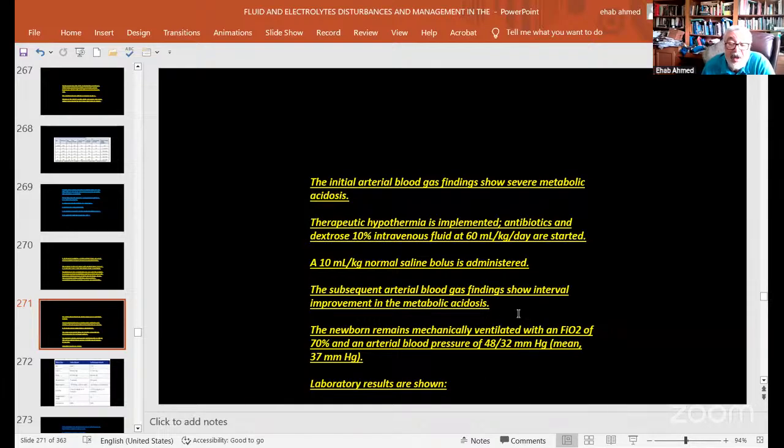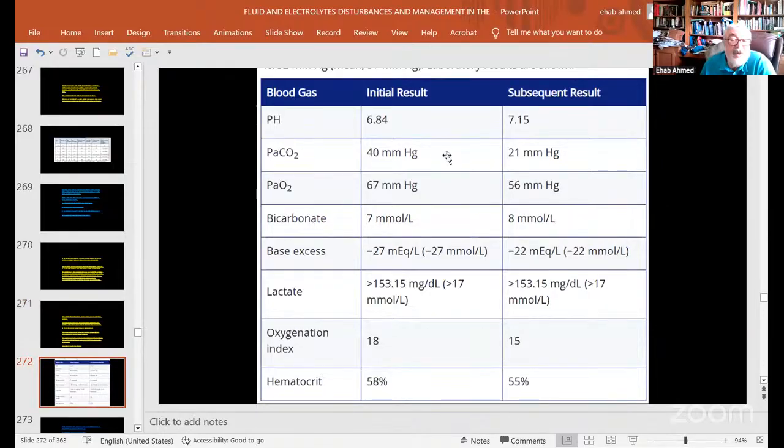The newborn remains ventilated, FiO2 of 70%, and arterial blood pressure is 48/30, and the mean is 37, still dropping. Laboratory results are shown. So the pH of the blood gas initially 6.84, after the bolus 7.15.